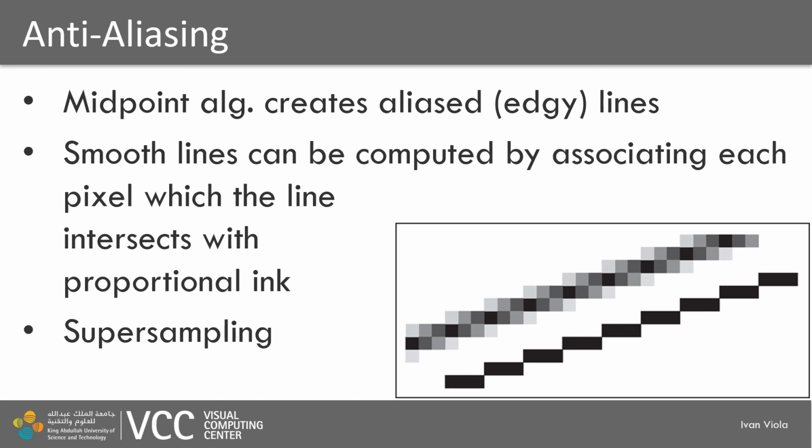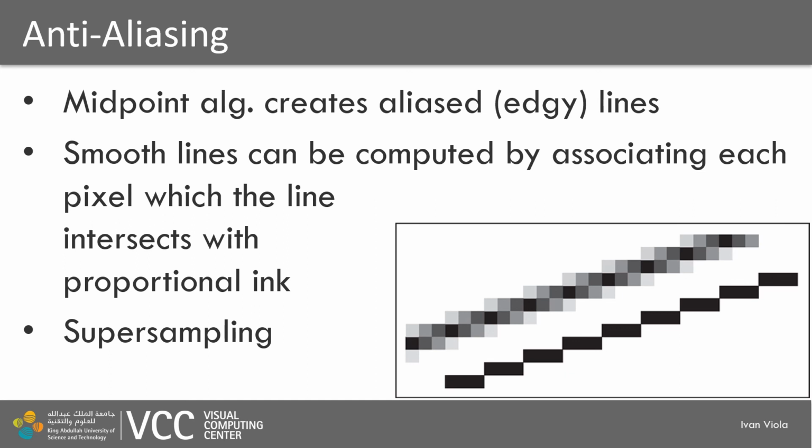Therefore, it might be a good idea, instead of using the discrete decision on whether a point belongs to a line or not, to calculate a certain fraction of a line passing through a possible pixel, and this fraction will then be associated with a certain shade of gray, so that our line will be so-called anti-aliased.